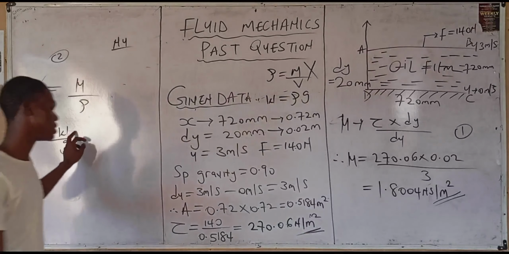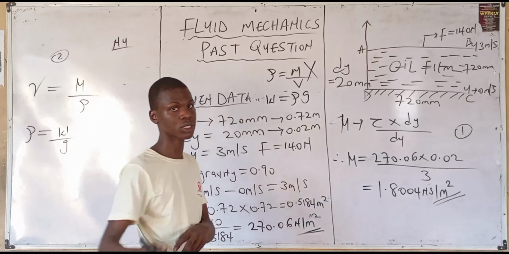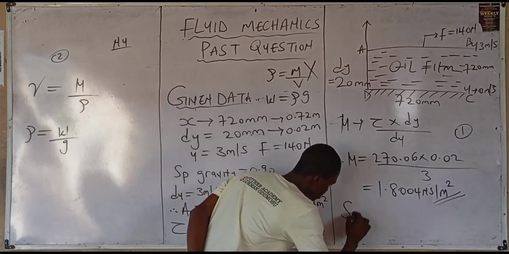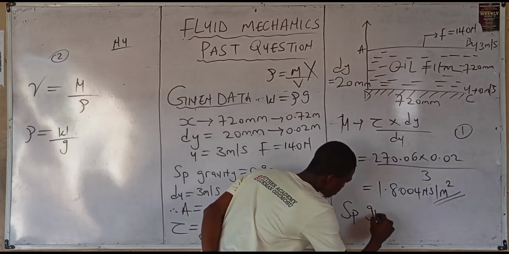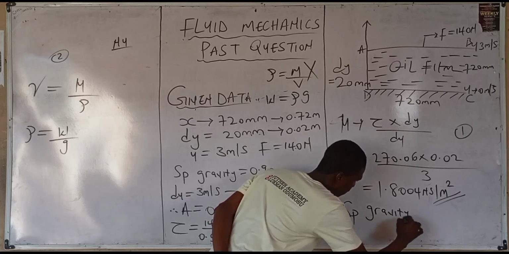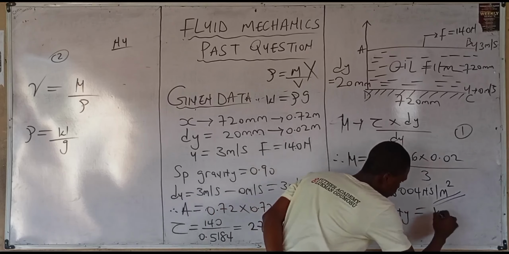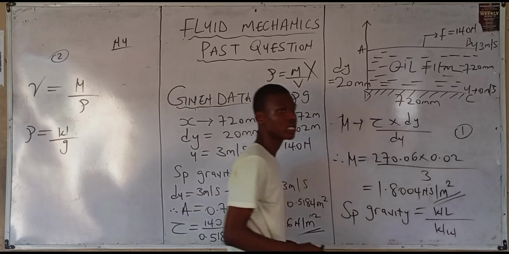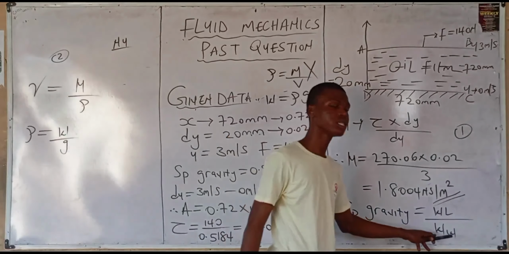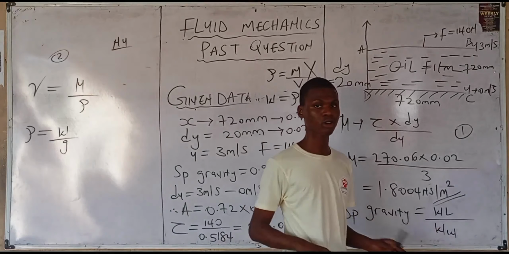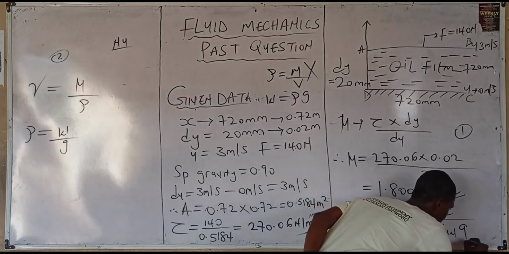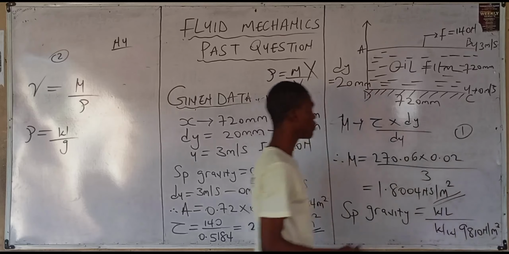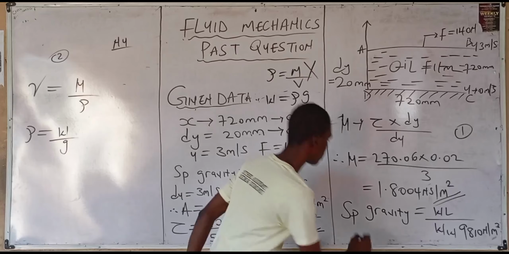Now, how do I get the specific weight of the liquid? Specific gravity is given by specific weight of liquid divided by specific weight of water, right, of pure water, where this has a constant value, and that's 9810 Newton per meter cube. So therefore, make this the subject of the formula.